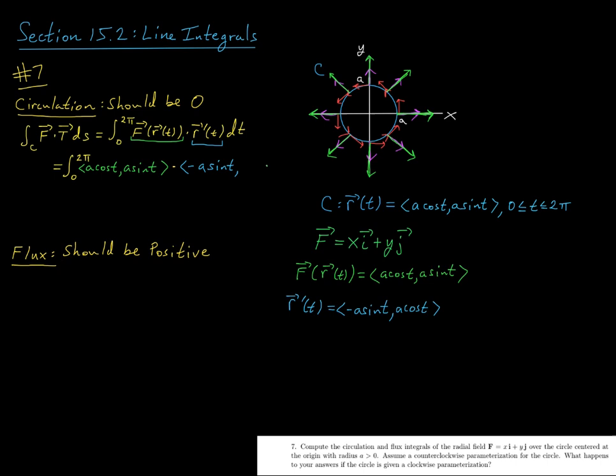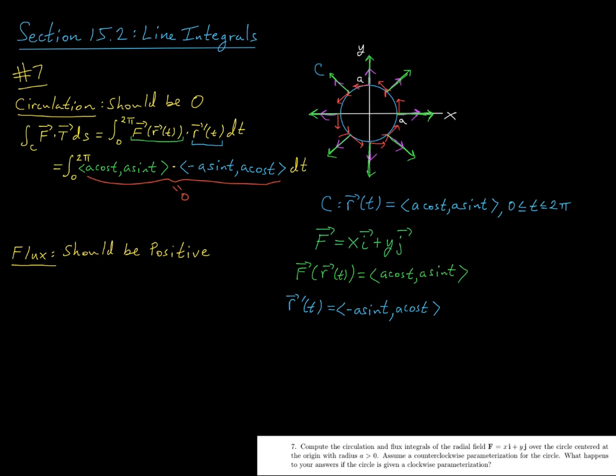And what am I going to come out with here when I compute the dot product? Well, I'll get minus a squared cosine times sine, and then plus a squared cosine times sine. They're going to cancel out, which again agrees with what we've already said, based on the fact that our curve is a circle and our field is radial.